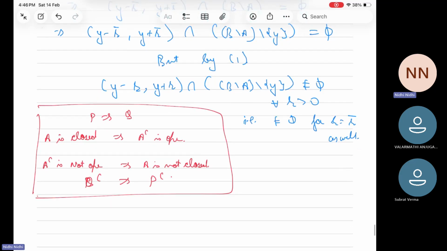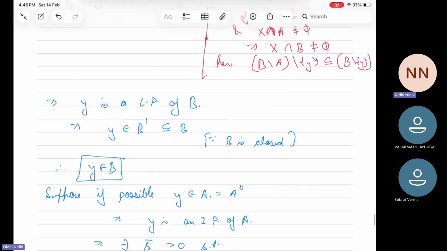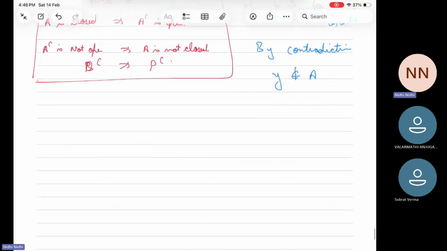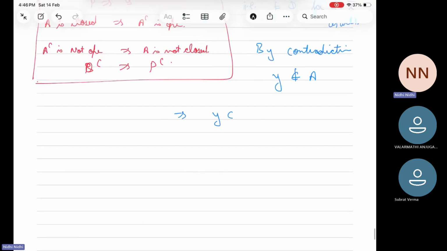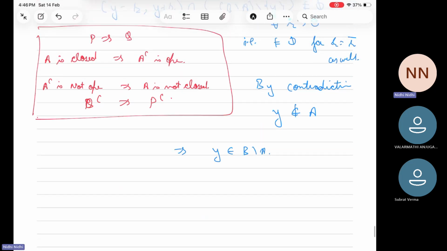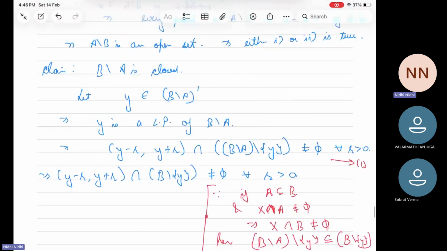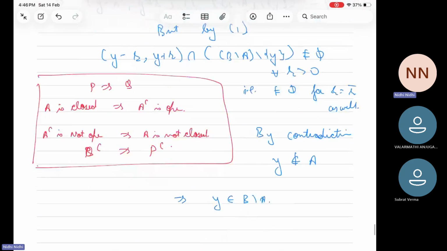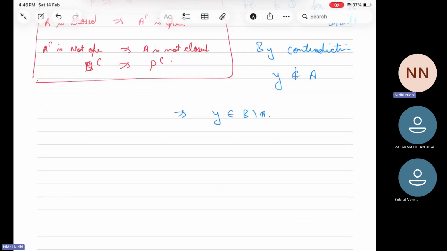Okay, so from here, by contradiction, we get y does not belong to A. So y belongs to B, and y does not belong to A. This implies y belongs to B minus A. So we started with y belonging to (B minus A)', and we got that y belongs to B minus A, which implies that (B minus A)' is a subset of B minus A, and hence B minus A is closed.